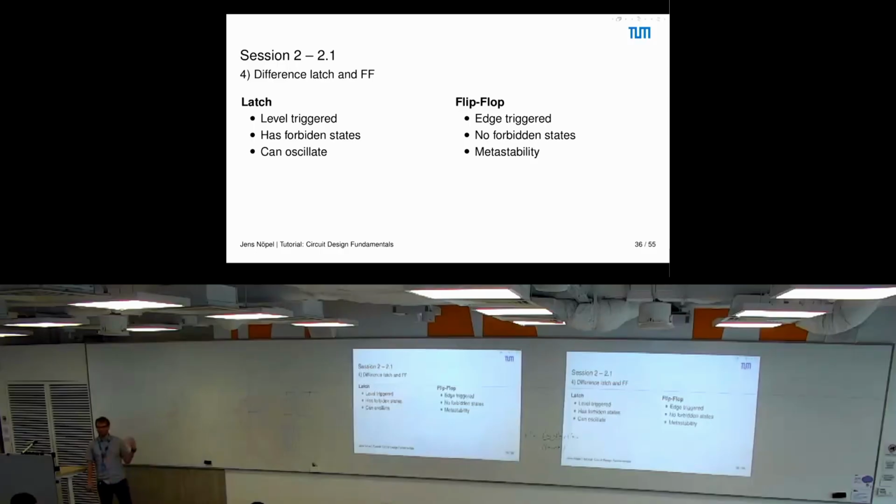This is what it would actually look like from a physical perspective, and from a digital point of view, you only work in the working areas of your inverter, either below here or above here. So if you have a V in that is here, you get a defined V out that is here, or a V in that is very high gives a V out that is very low. This is how a typical inverter works, right?